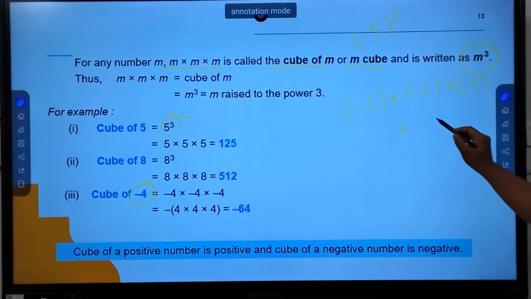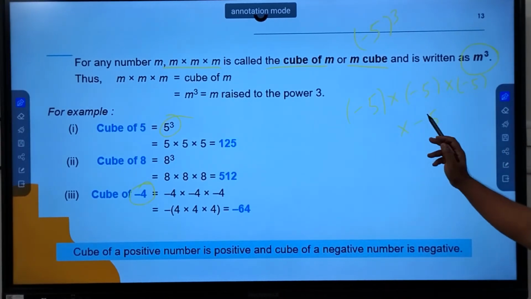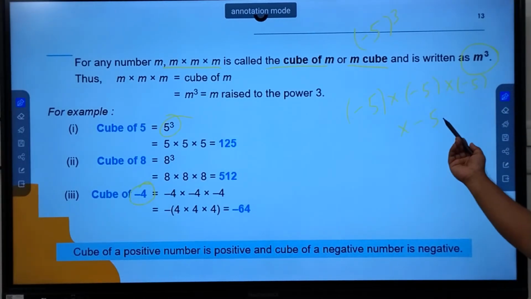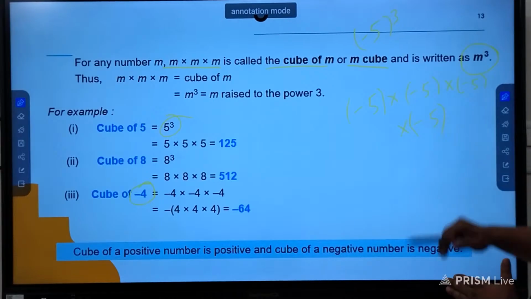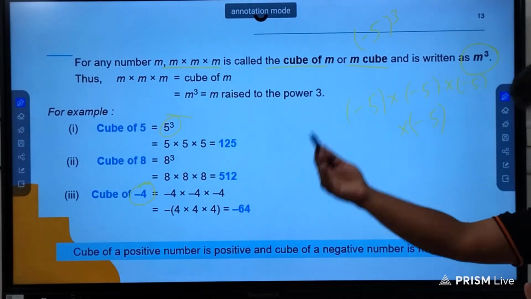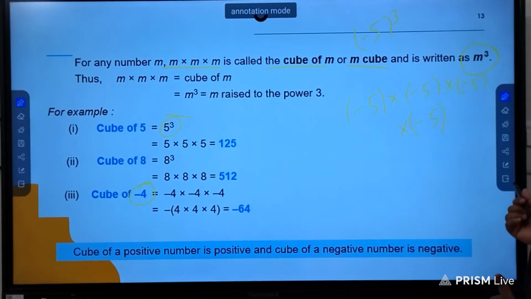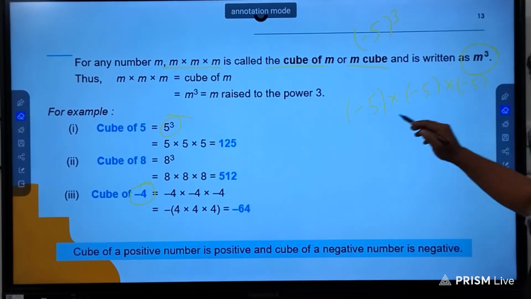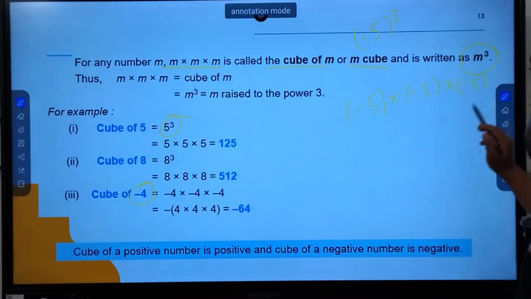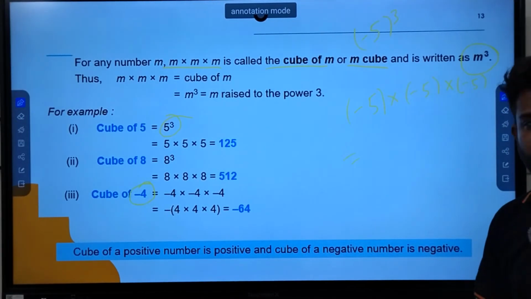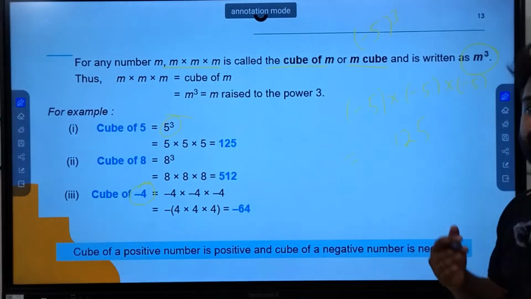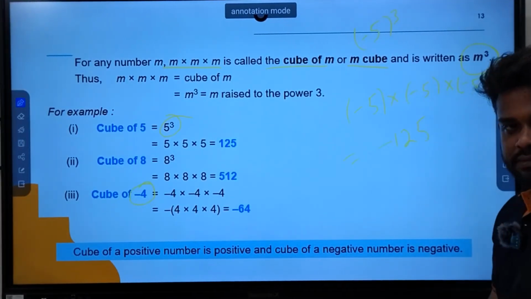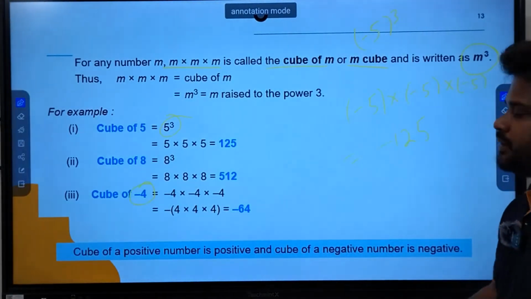Because if I don't use the brackets, 5 will have two signs preceding it, and we generally don't write two signs in succession. So if we multiply this, we just multiply 5 into 5 into 5 in the normal way, so the answer will be 125. And if we multiply minus into minus into minus, minus minus is plus, plus minus is minus, so the sign is minus.